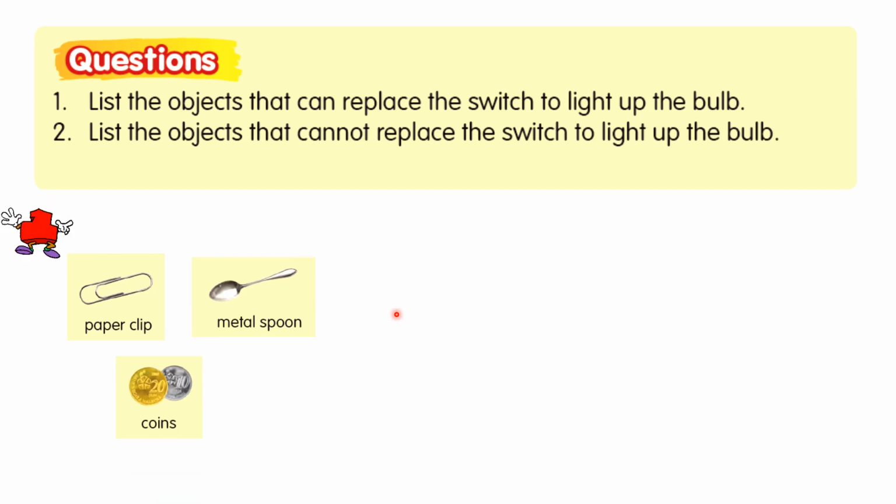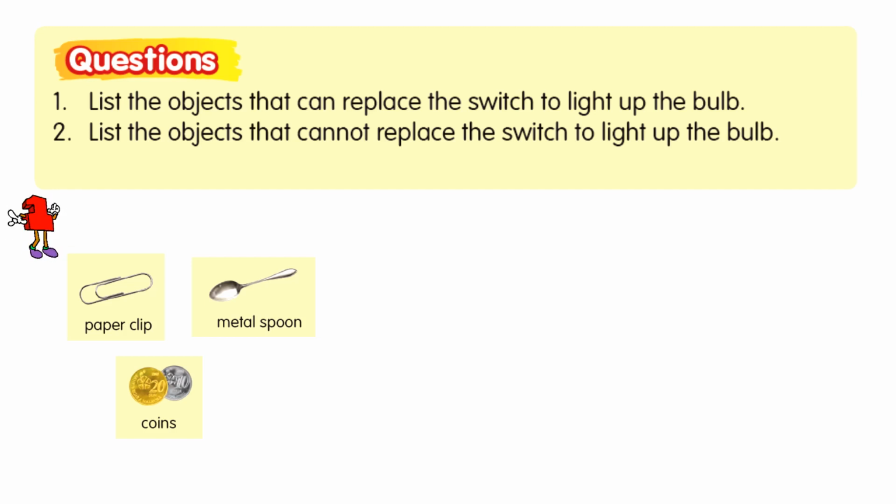The similarities between these objects are they are made up from metal, so they can allow the electricity to pass through them. Ketiga-tiga objek ni diperbuat daripada besi dan membenarkan arus elektrik mengalir melalui mereka. Dan kita panggil objek-objek ni conductor.